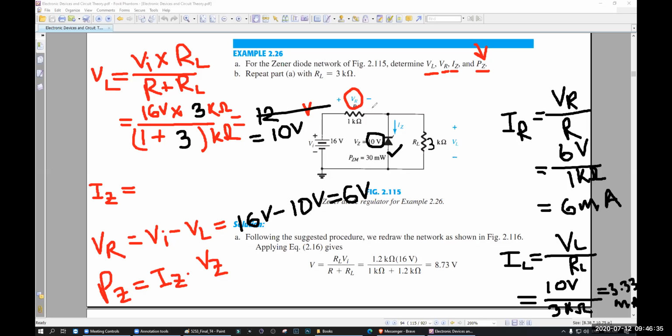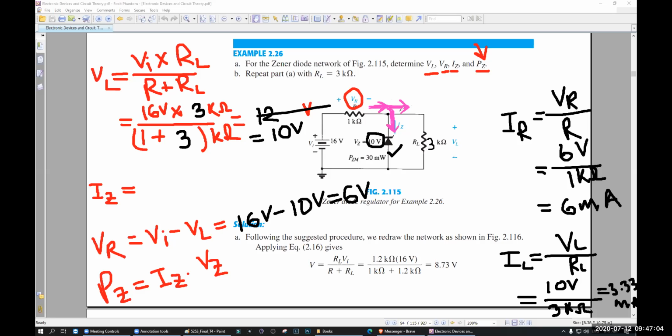Now your IZ here, if we apply a KVL on this side, this is your IR, this is your IL, this is your IZ, right? Here a current is coming and current is dividing into two parts. A current is coming, that is IR.